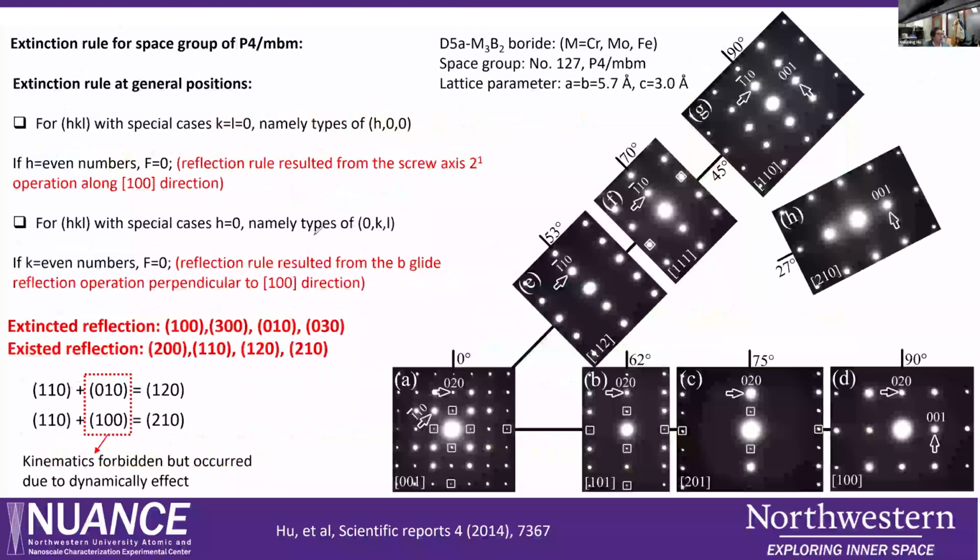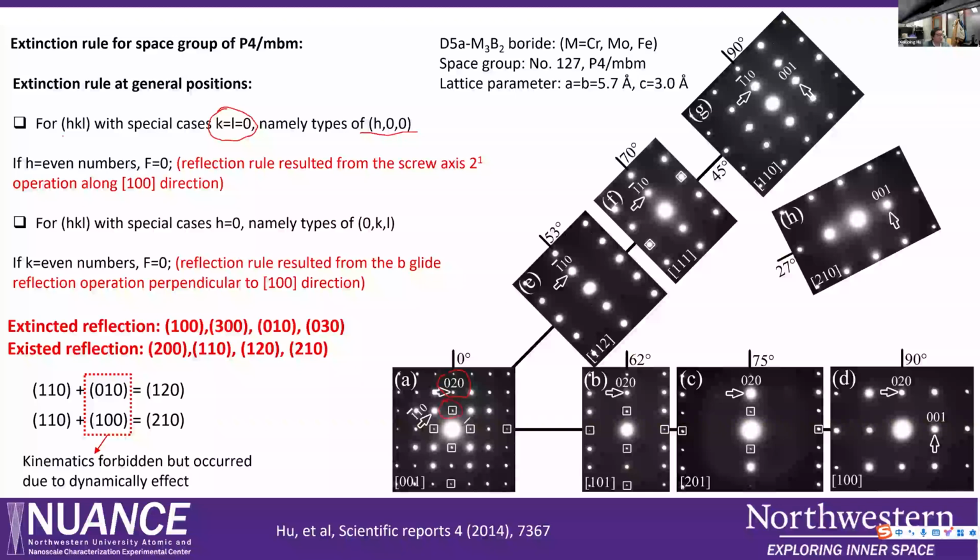And this one I will show you. For example, this is a real example for this boride. If you have an HKL with the special case where K and L are 0, for H00, H must be an even number. For example, 020 can occur, 010 cannot occur, but they do occur.